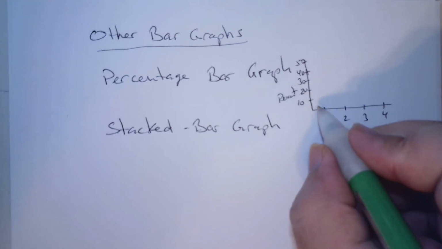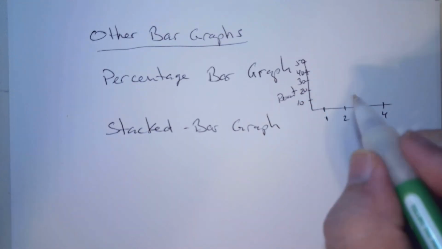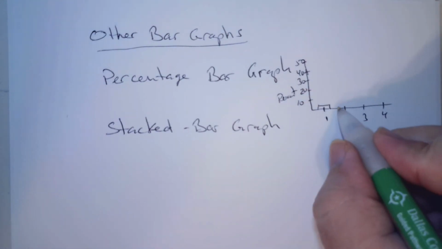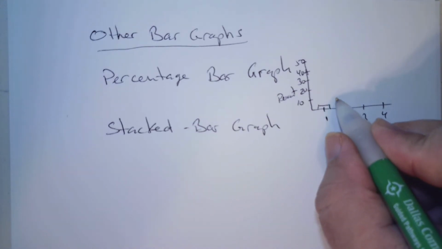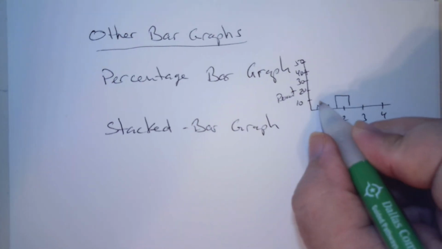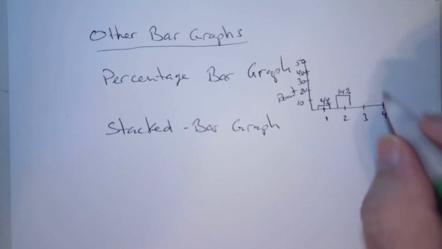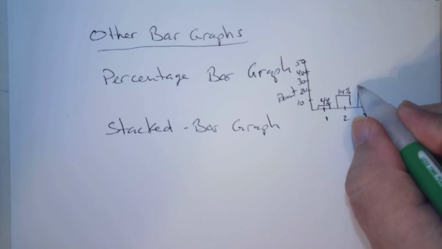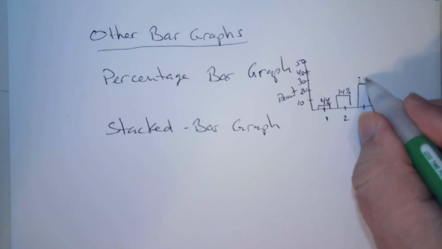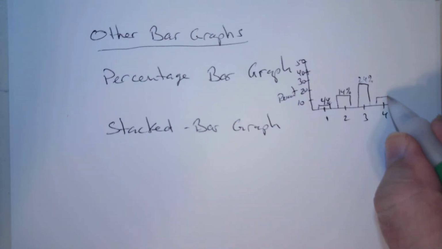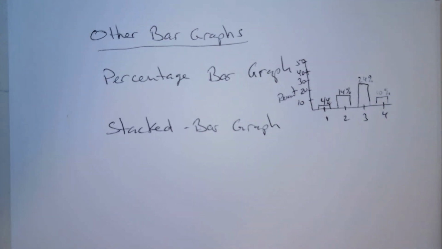So we have one object, let's say, has 4%. This is 4%, 14%, 24%, 10%.